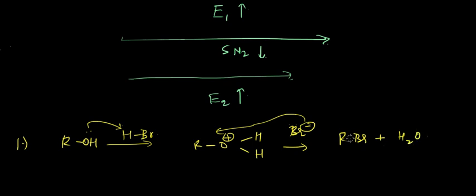Okay. So why is this reaction going in the forward direction? Because obviously this is a strong base and this is a weak acid, hence this reaction goes in the forward direction.